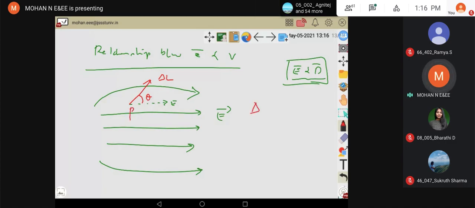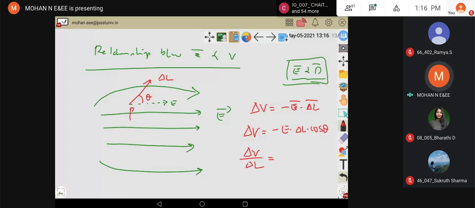So we know that the incremental potential delta V is equal to minus E into delta L, that is a dot product. So therefore delta V is equal to minus E into delta L into cos theta. So delta V by delta L, the change in potential with respect to the distance, is minus E cos theta. And if you want to find it at a point, you have to extend the limits. So with the limit delta L tending to 0, delta V by delta L is equal to minus E cos theta.